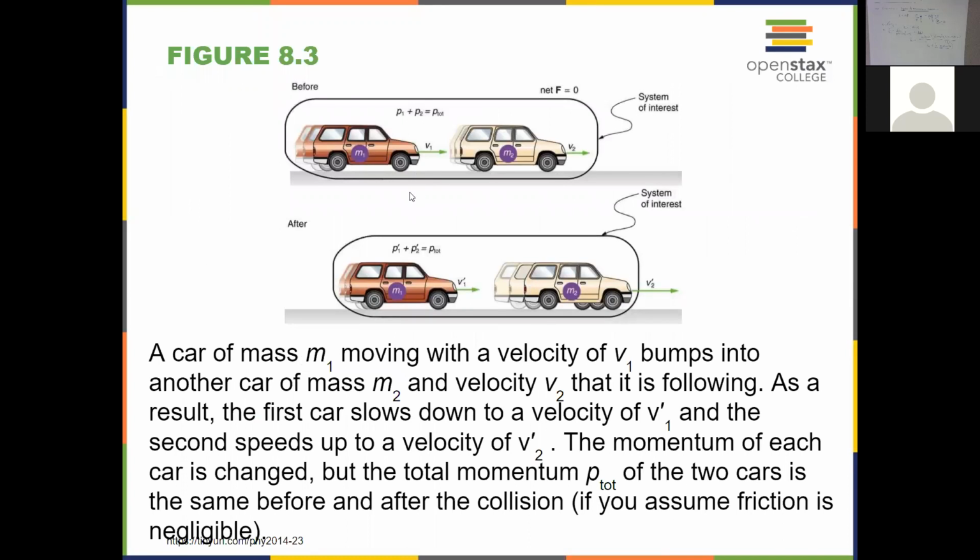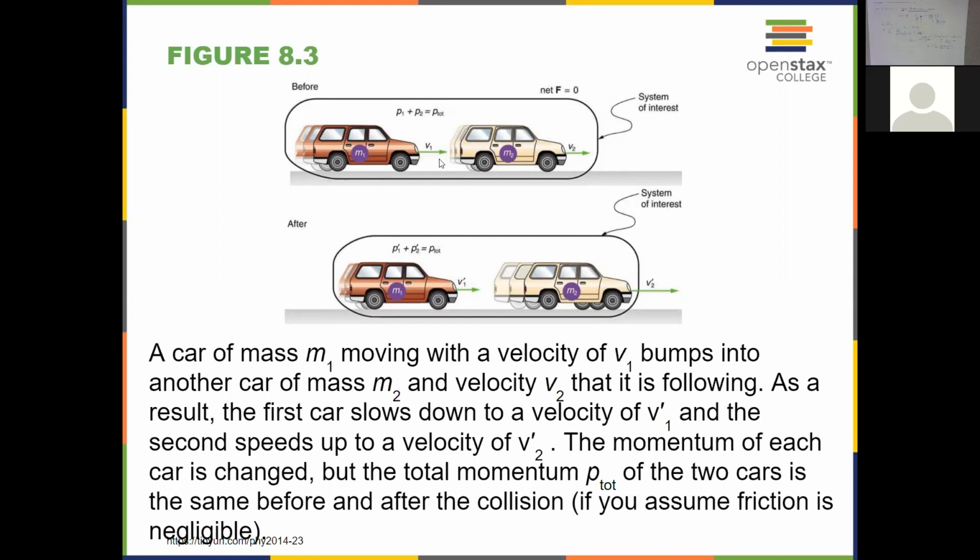Let's take a look at an example. Say we have two cars in a collision. One car is stopping or moving at a slower speed, and then the car behind it hits it. If you look at both cars as one system, then the momentum should be conserved, because a collision usually happens in a very short period of time, so external forces can be ignored.